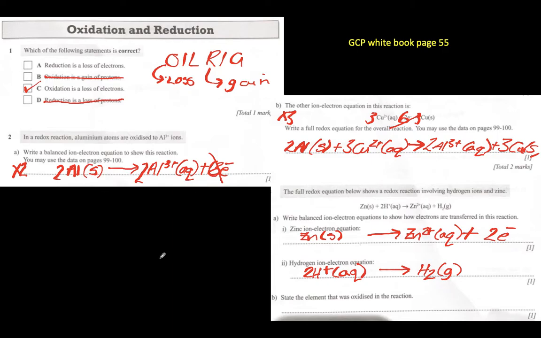So in order to form hydrogen molecules, there has got to be a gain of electrons. So in this case, we will add our electrons on this side of the equation. This is a reduction reaction. State the element that was oxidised in the reaction. The element that was oxidised is just zinc.